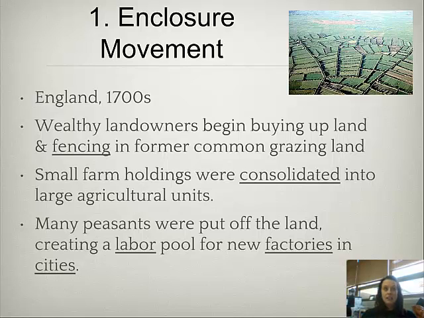And the effect of this is that peasants can no longer live on that land anymore. And new technological inventions are making farmers less and less important for producing crops. So these farmers create this labor pool and move to the cities and go to the factories to work instead of working on the farms.